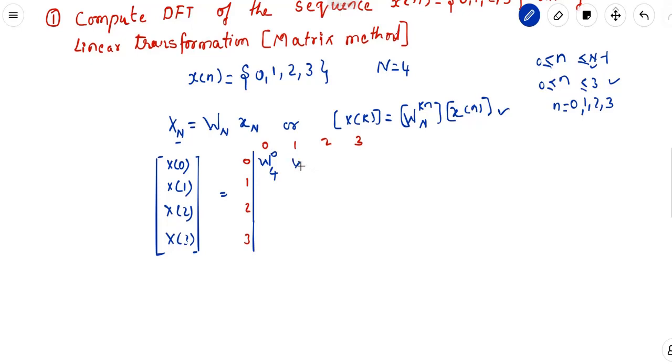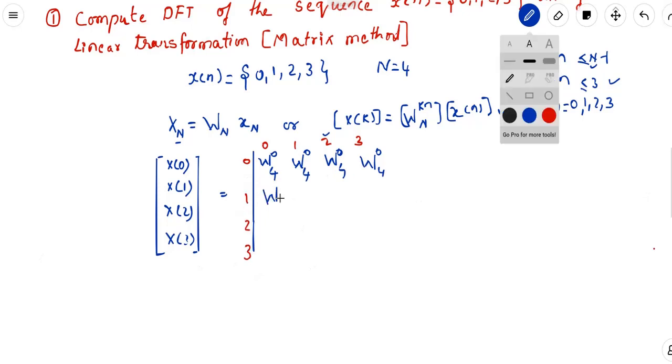Next, twiddle of 4, or I can call it omega 4. This is 0 into 1, so it becomes 0. Again omega 4 of 0 into 2 becomes 0. Next, omega 4 of 0 into 3 becomes 0.